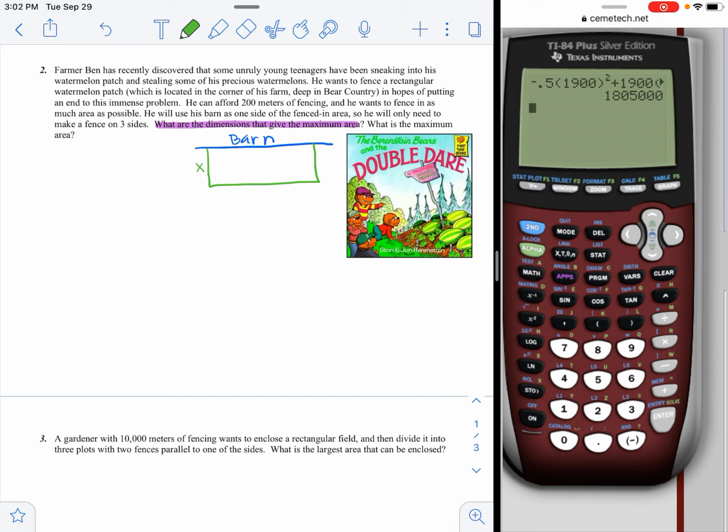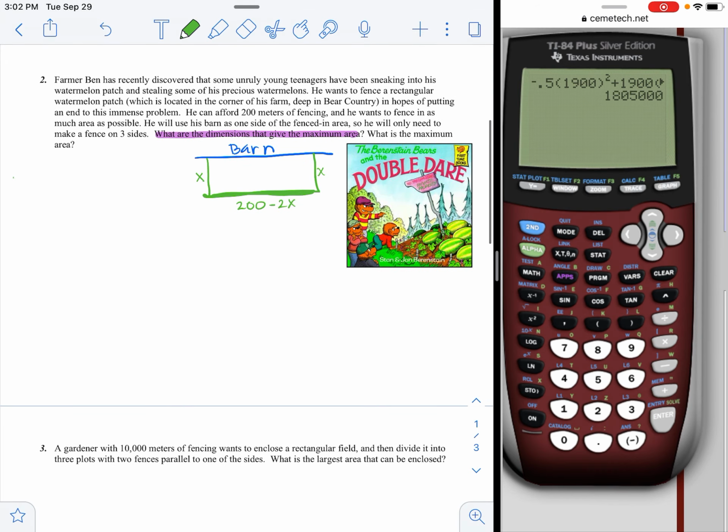I don't know this length, so I'll call it X. I know this is the same, but I still don't know what it is. And then he has 200 meters of fencing. So this could be up to 200, but I have to subtract those 2 X's. Do I have to divide it by 2? No, because there's only one part right here.